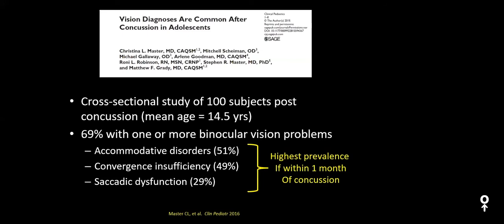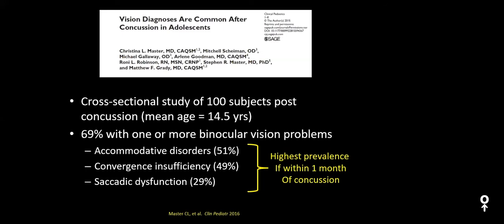Now, this slide shows the overall results of a very nice paper that was reported by Dr. Tina Master and colleagues out of the University of Pennsylvania, Children's Hospital of Philadelphia, several years ago, where they looked at roughly 100 adolescents following concussion, most of these sports-related concussion.